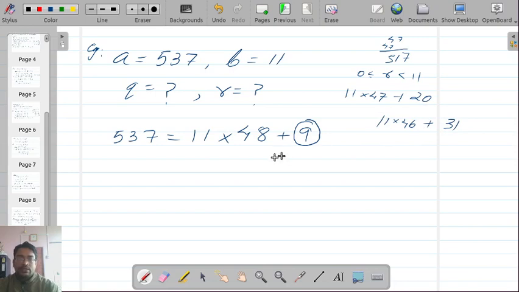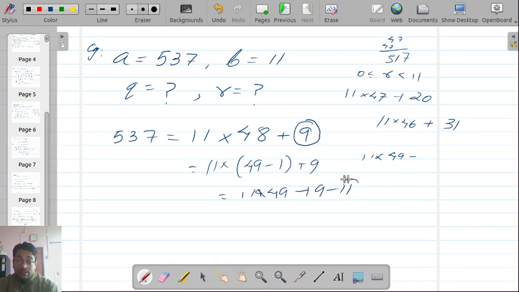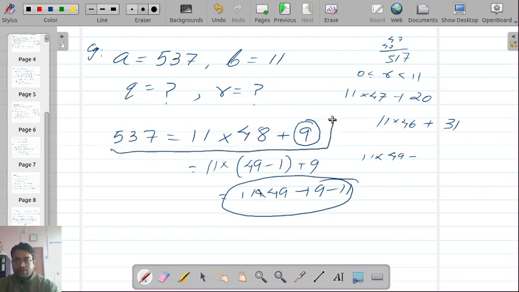If I take 11 into 49, I have to subtract, because I will get 11 extra. So 9 minus 11 is minus 2. But these are not considered as the division algorithm expression. The division algorithm expression is unique: 537 is exactly 11 into 48 plus 9.